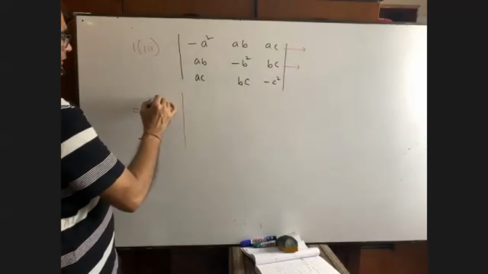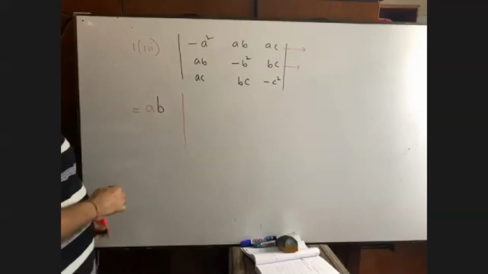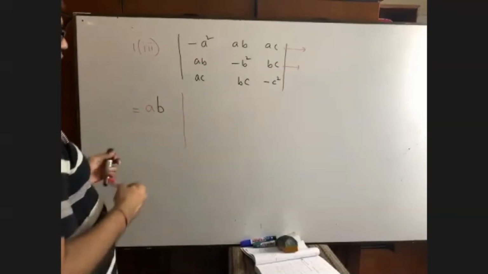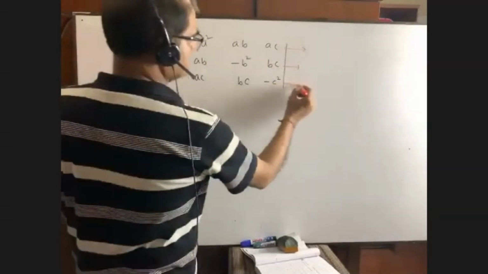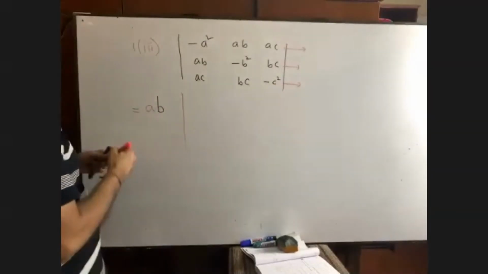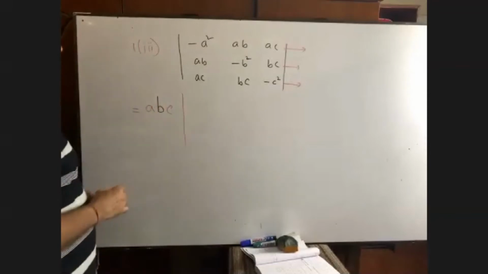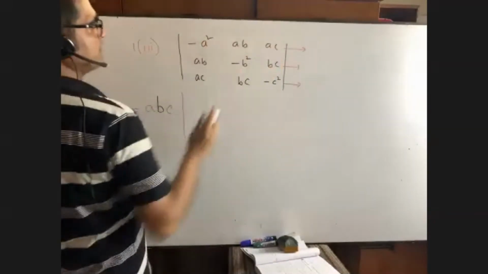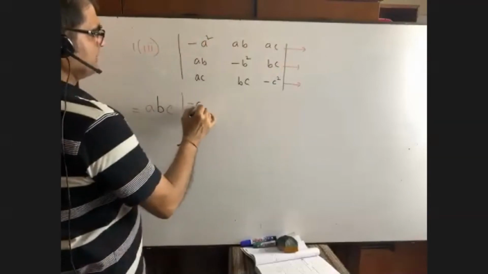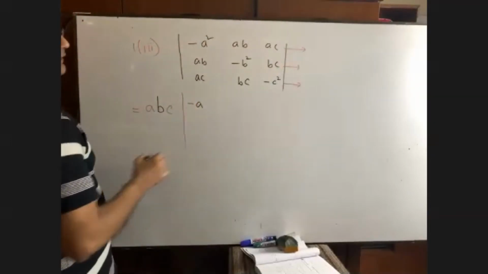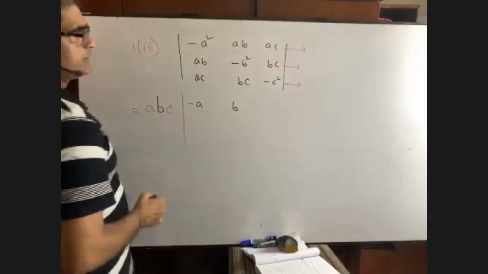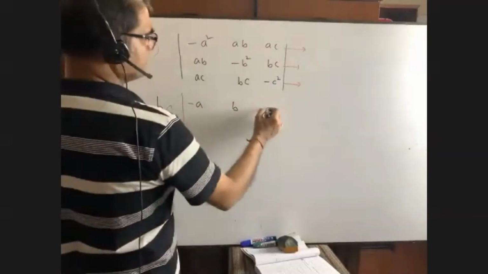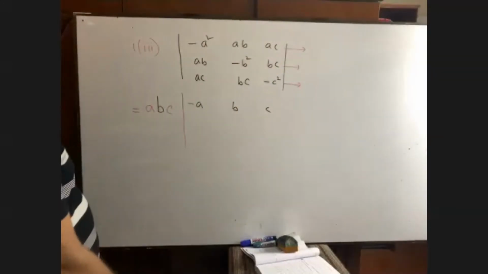B. I have taken B common from second row. Then from third row, what can be taken common? C. That's good. C has been taken common from the third row. So we omit A from the first row, then we will be left with minus A. Then it is B. Then it is, have got me?